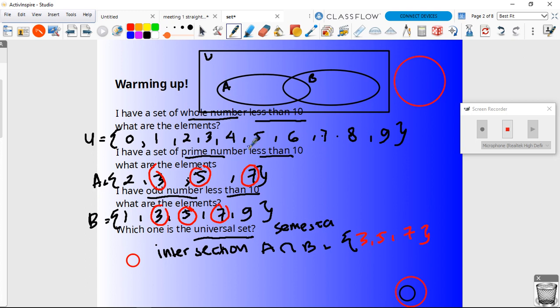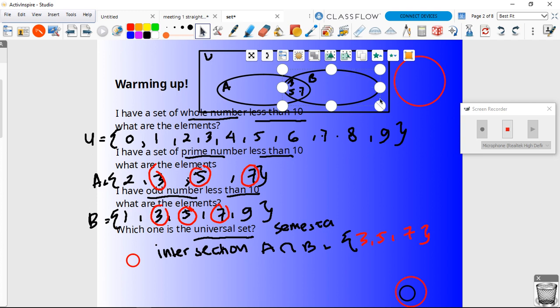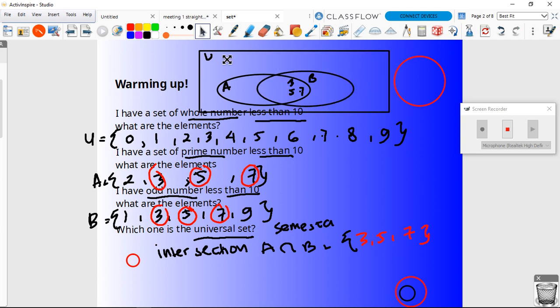Now it's our turn to put in the numbers. So we start from the intersection elements first. So 3, 5, and 7 will be here. And then the rest, like A, maybe I can move it here so it becomes a proper position.